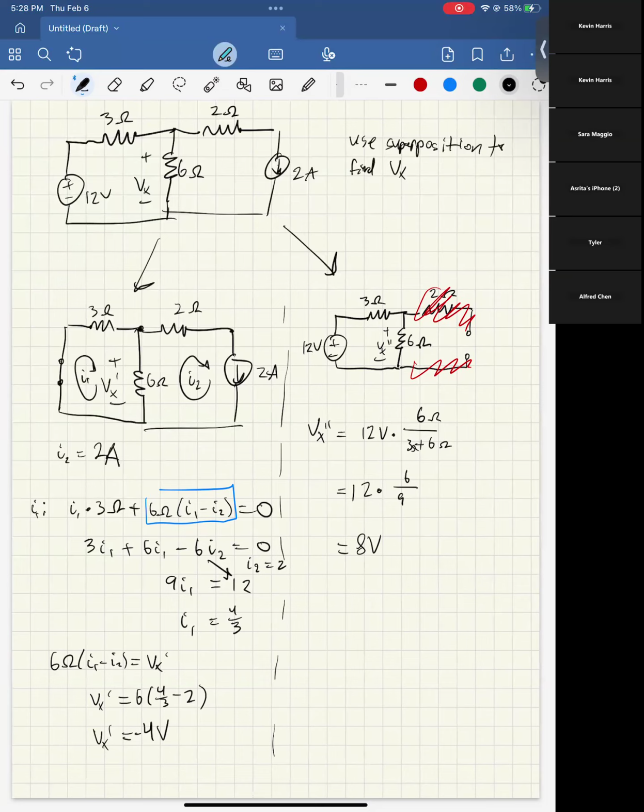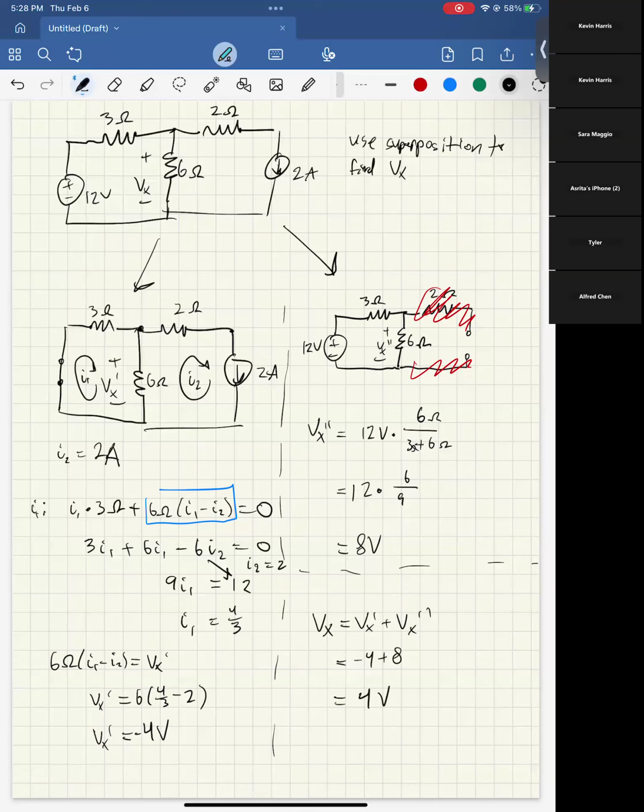And then if we want to find Vx, we know Vx equals Vx prime plus Vx prime prime. Basically, it's the effect on this resistor by the 2 amp source plus the effect on the resistor by the 12 volt source. This would equal minus 4 plus 8, and that is 4 volts.